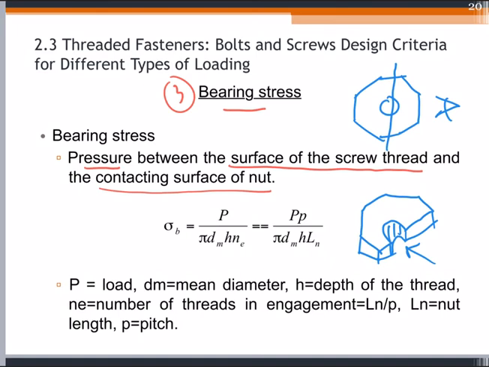The value of bearing stress can be determined directly from this formula, which is bearing stress equal to P, the load, over dm, the mean diameter, h, the depth of the thread, and ne, the number of threads in engagement.